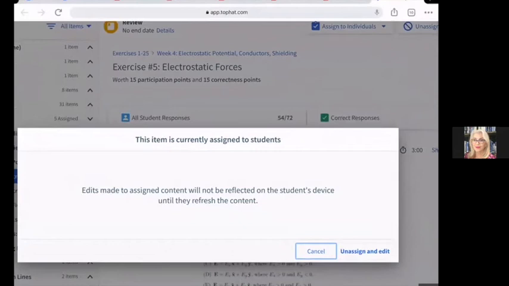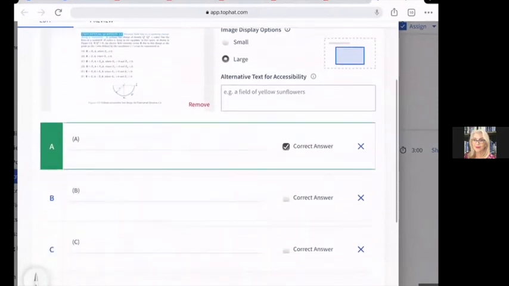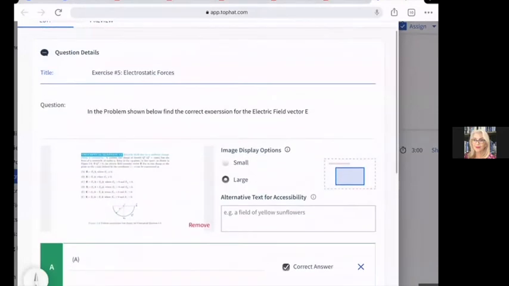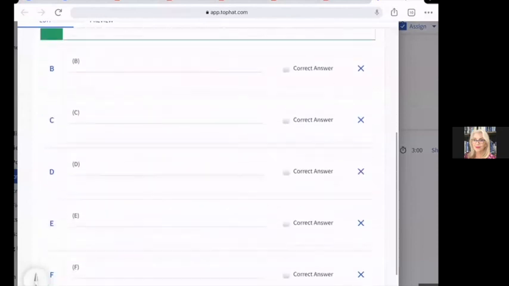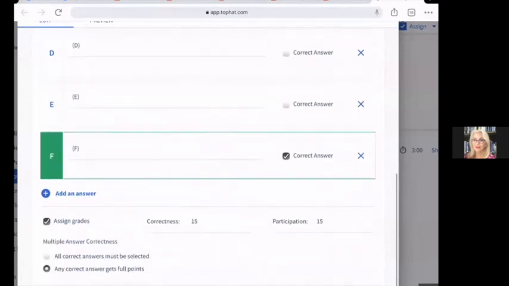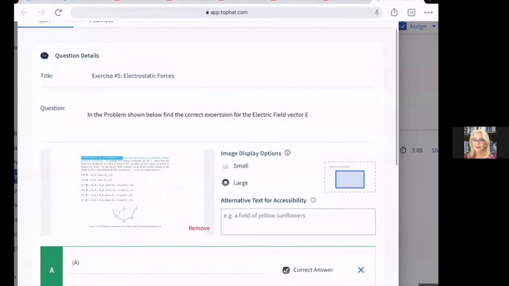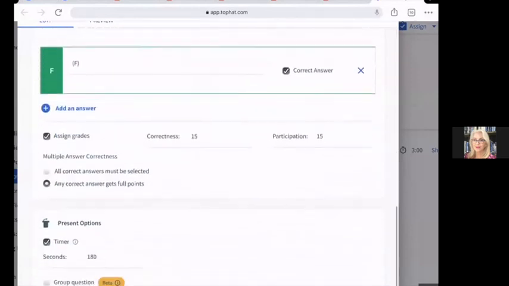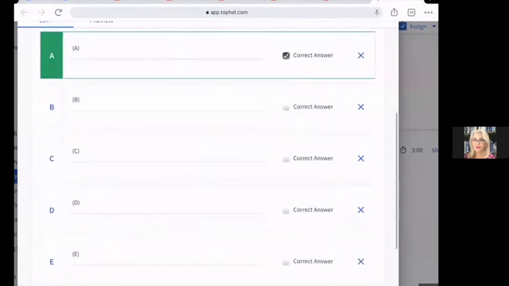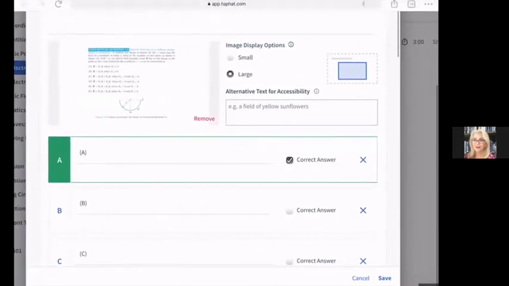Okay, so if I were to unassign that... See, I took it for granted it was always there, but I can edit it, and I can make this also the correct answer. And what does that do? If I do that, say, okay, correct answer and save.